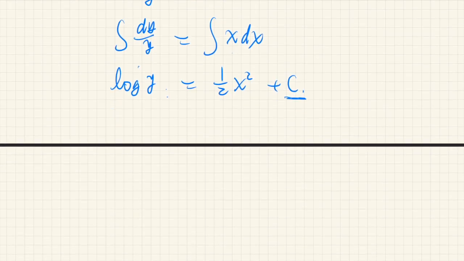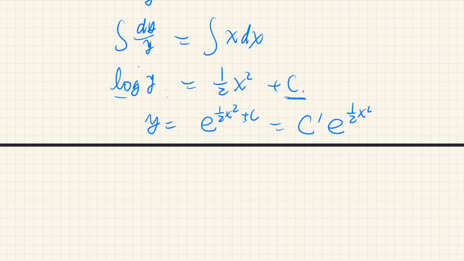Now, by the way, this log is, of course, the natural logarithm, and by taking the exponential function of both sides, we have y equal to exponential of 1 over 2 x squared plus c, but this plus c can be just replaced with another constant, so c prime times exponential of 1 over 2 x squared.